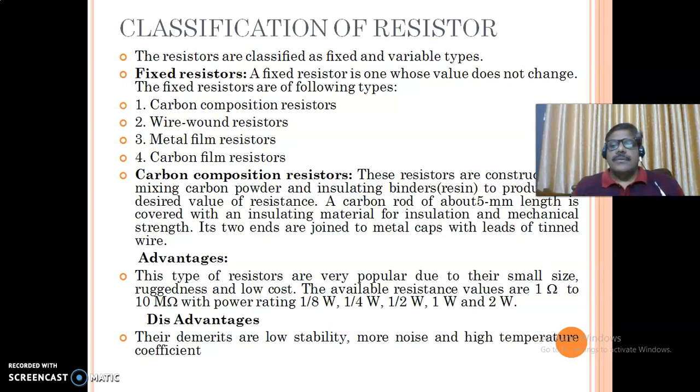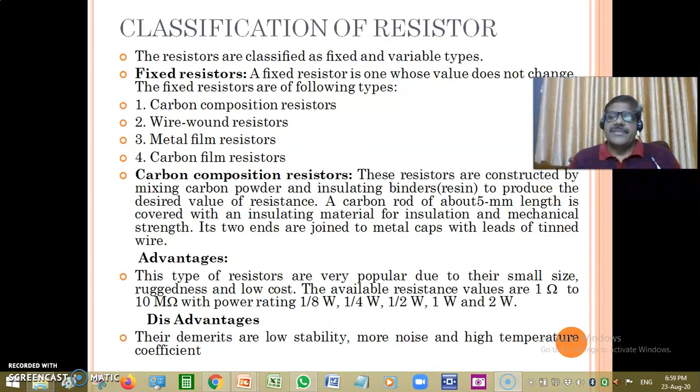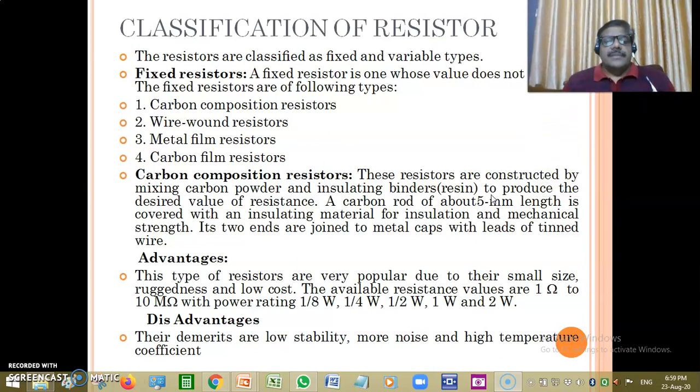Now, what is a carbon composition resistor and what are its construction details? These resistors are constructed by mixing carbon powder and insulating binder resin to produce the desired value of resistance. A carbon rod of about 5 mm length is covered with an insulating material for insulation and mechanical strength.